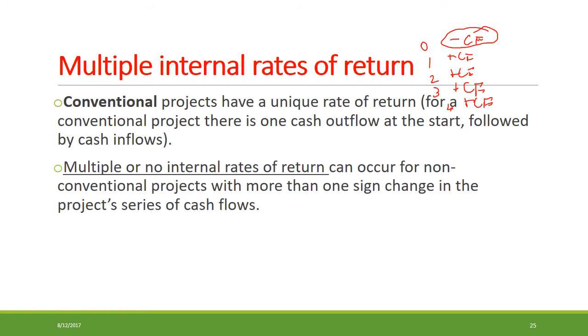However, for non-conventional projects, where in some years we make positive cash flows and in other years we make negative cash flows, the NPV curve can change, and therefore the IRR can happen many times.